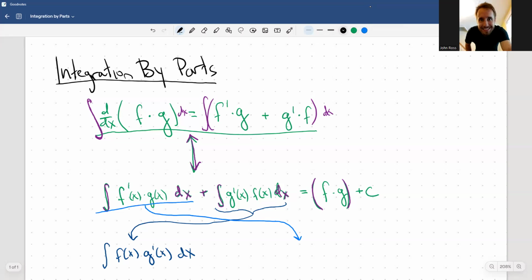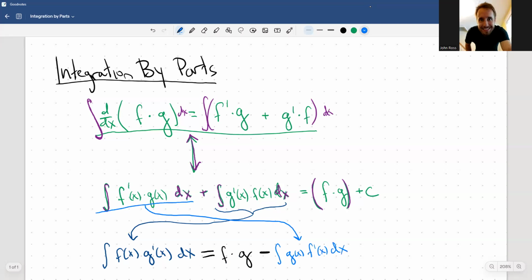So the integral of f times g prime is equal to, and then I'm still going to have on the right-hand side my f times g, but now I'm going to be subtracting this piece in the light blue, the integral of g of x times f prime of x dx.